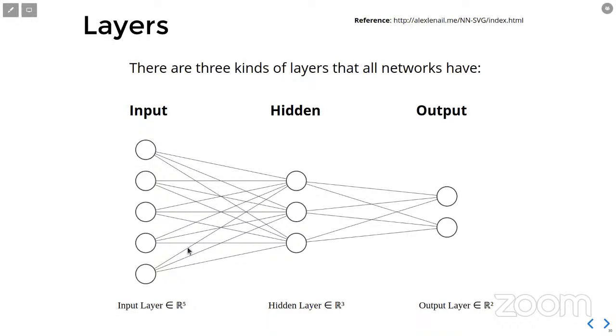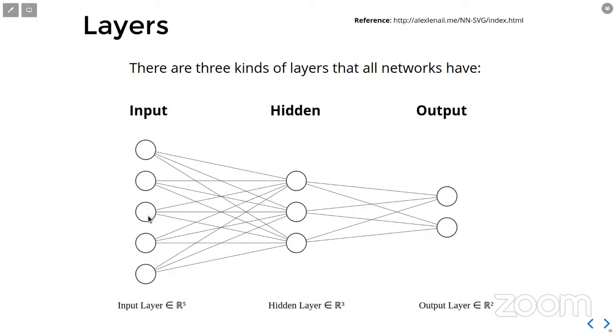A neural network should have at least three layers for it to be meaningful, for it to be even called a neural network. One is the input layer and the other is the output layer, and at least there should be one hidden layer in between. Sometimes these are called neurons, sometimes these are called nodes. We can use them interchangeably, but we'll stick with neurons.